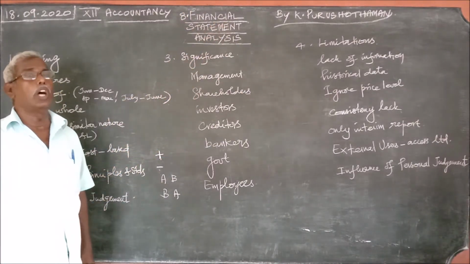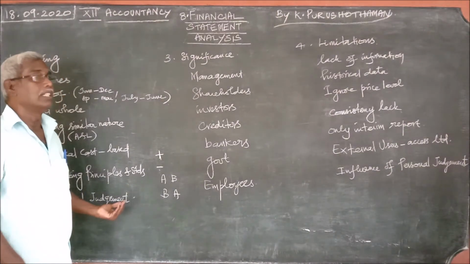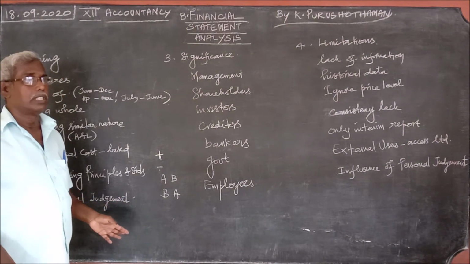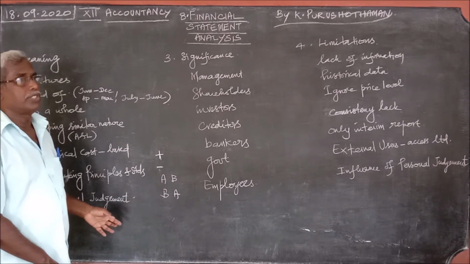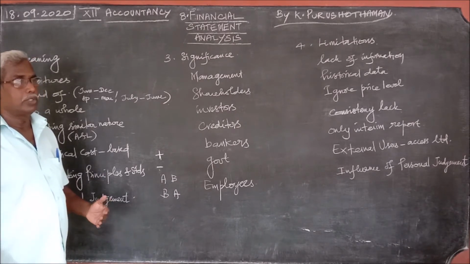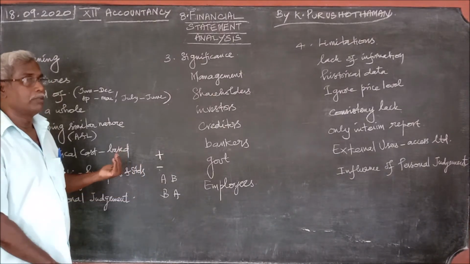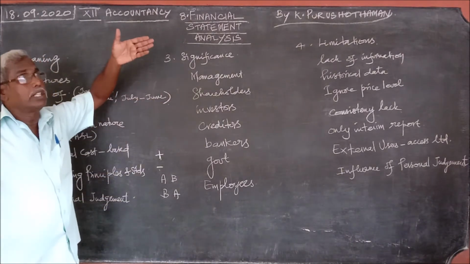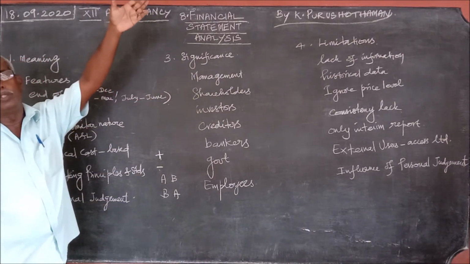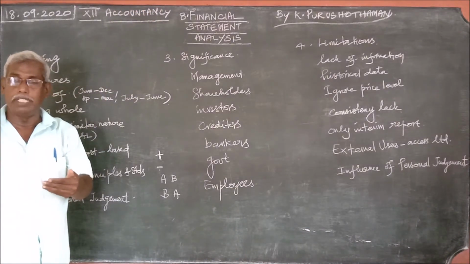Even you could have seen in some cinemas, films and TV serials, the chairman or the president of the labor association meets the management or the owner of the business concern. They just raise, see, you earned so much profit during the year, why can the pay hike not be given?